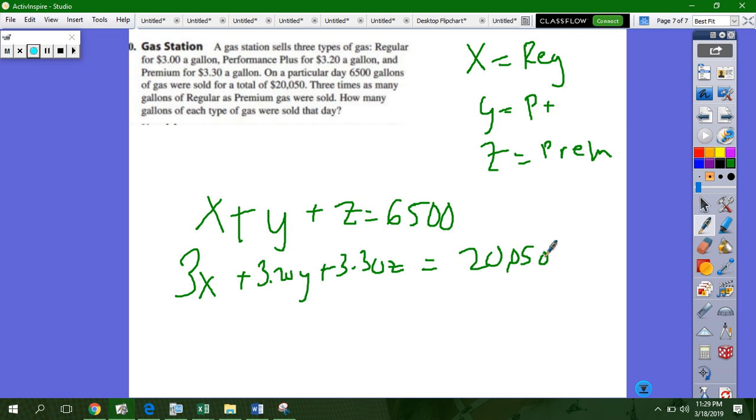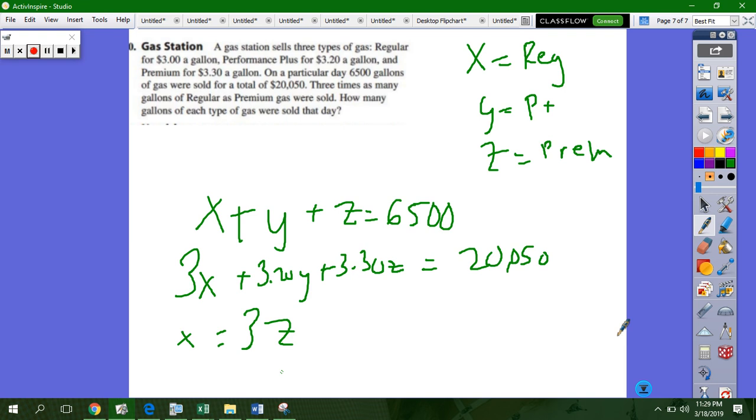So the next sentence says 3 times as many gallons of regular as premium were sold. So that means for every gallon of premium, it's 3 times that to get to the regular. Let's make sure that you understand that. Sometimes people struggle with those. Well, it says 3 times as many gallons of regular as premium.